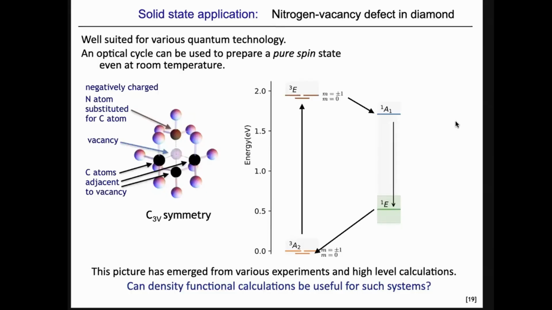And then as this system comes from the singlet state to the triplet, it only comes into the m equal to 0 sublevel. So by going through that cycle several times, you prepare purely m equal to 0 ground state. And since this is in the gap, in this very rigid lattice of diamond, this is long-lived and can be used for quantum technologies.